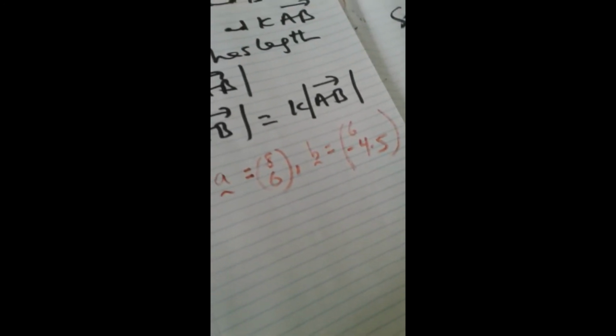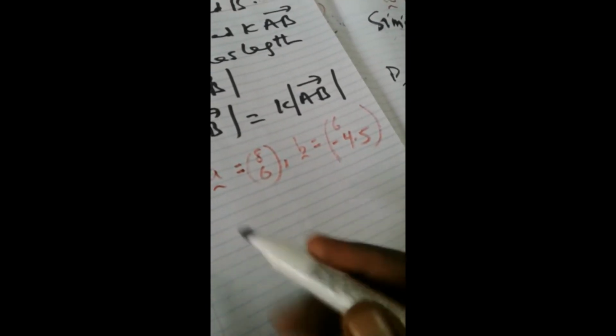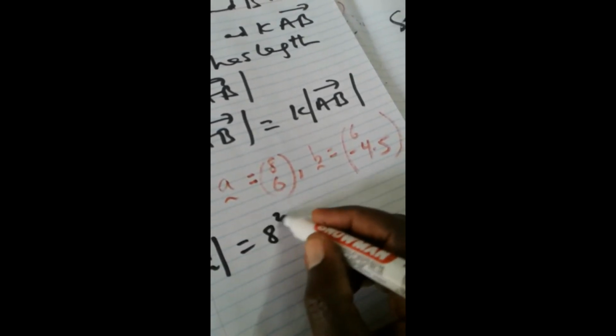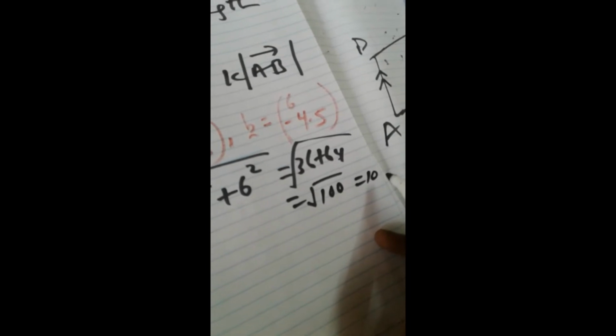Then they ask you to find the length of A. So the length of A will be 8 squared plus 6 squared, which is 64 plus 36, which gives us the root of 100, which is 10 units.